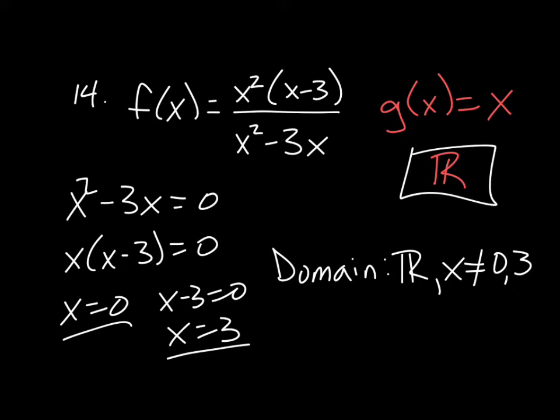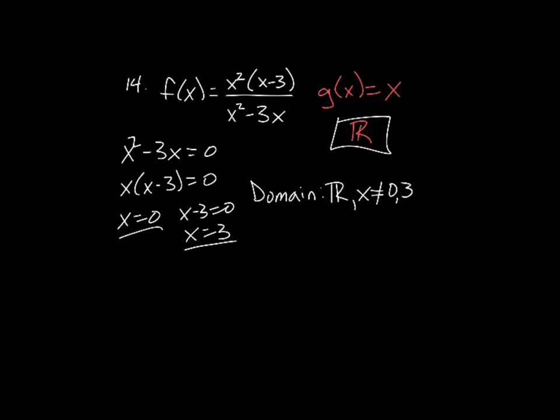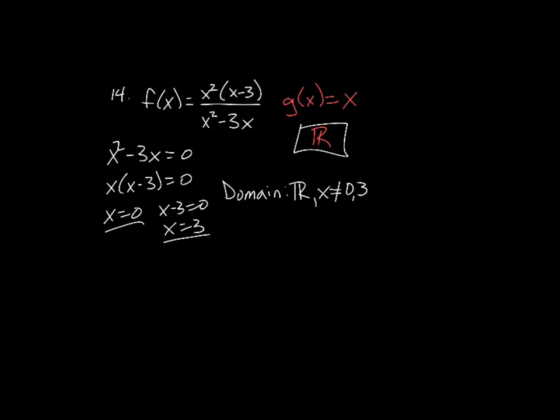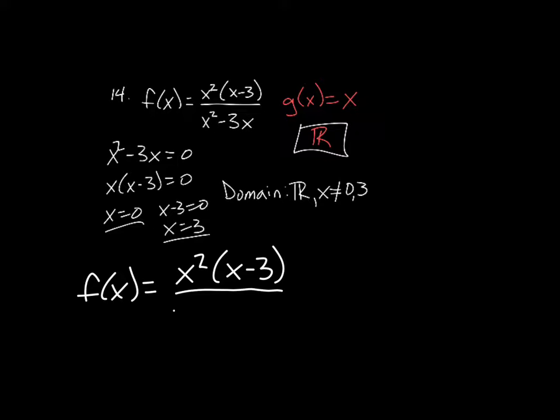So we did part B, so different domains. And they say find any vertical asymptotes of f. Okay, so let me rewrite f in its factored form so we can take a look at that. Okay, and so then what you should see there is that we can actually cancel some of these factors.